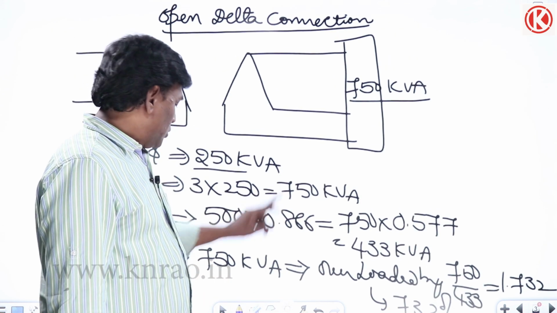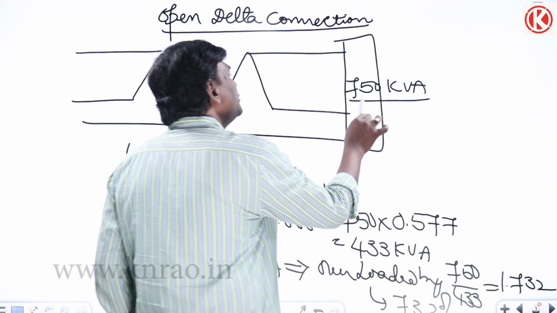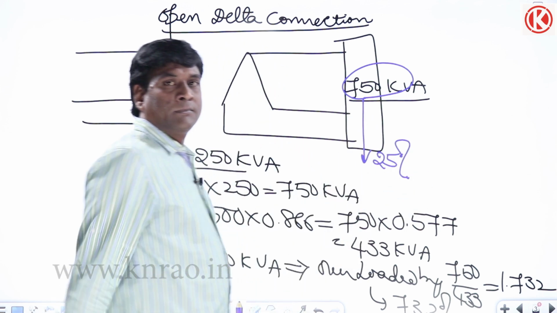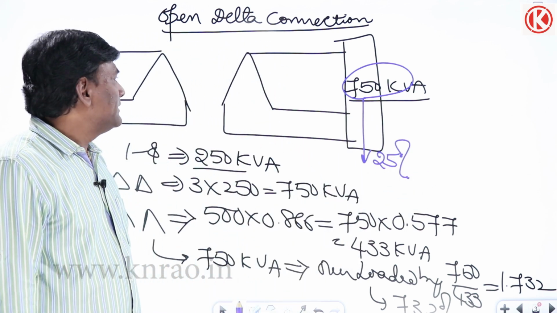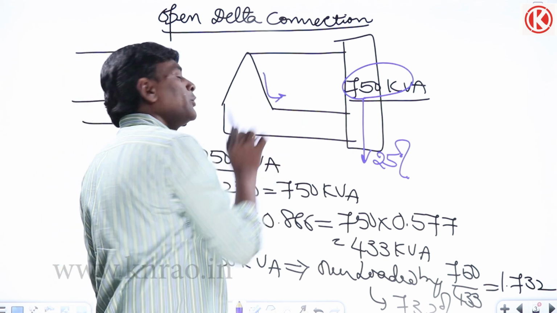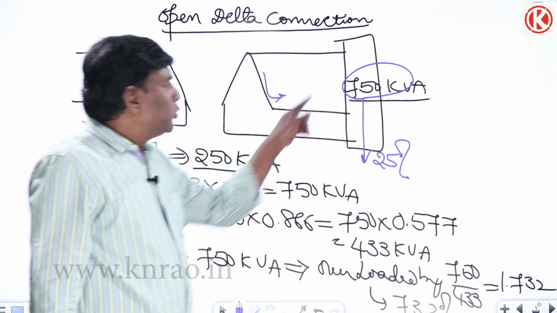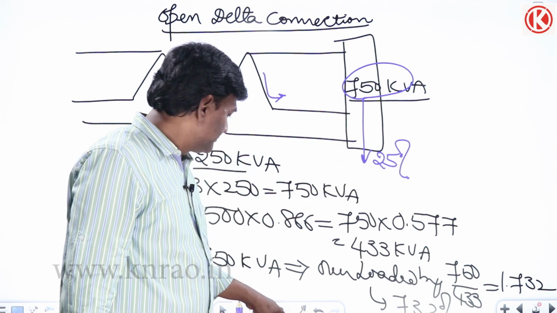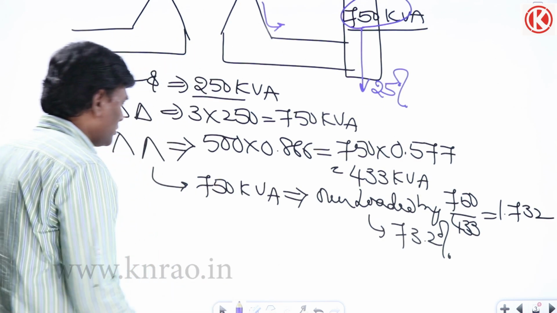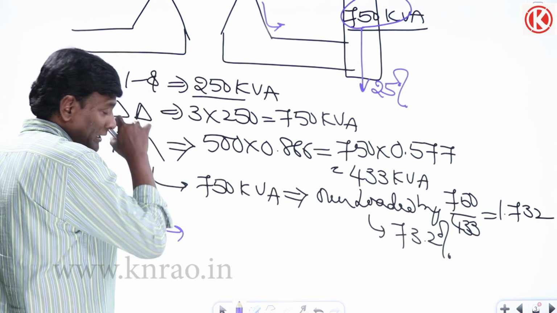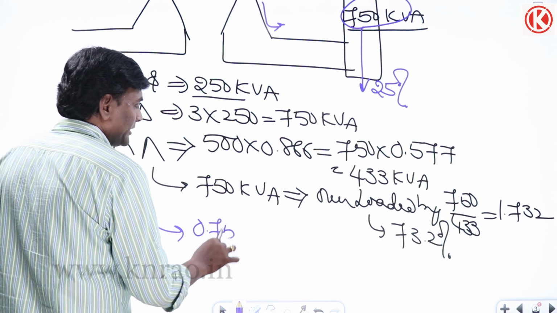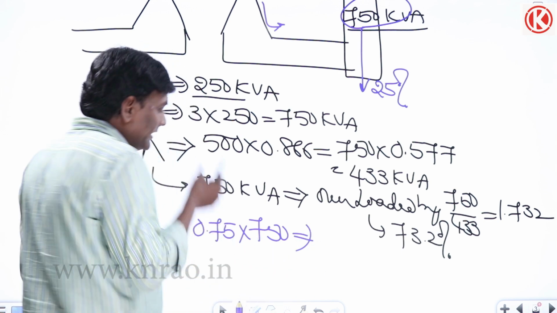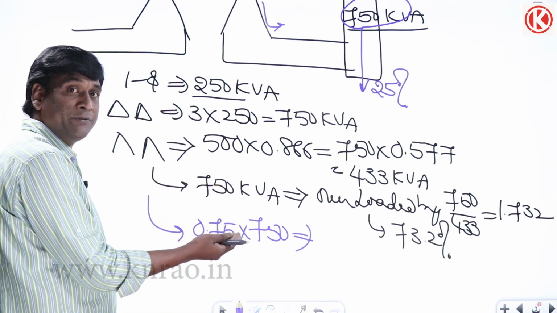Now let us think: if this particular load demand is reduced by 25%, then by how much will each transformer be overloaded? The load is reduced by 25%, meaning the remaining load connected is 75%. Now the load demand is 0.75 into 750, so it will be overloaded by 0.75 into 750 by 433.